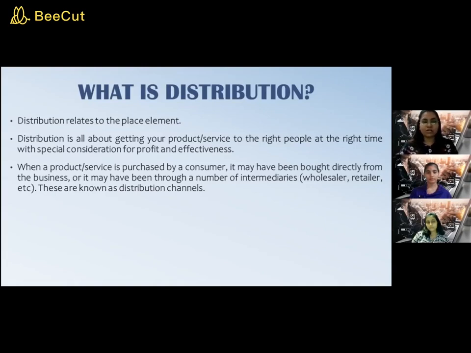When a product or service is purchased by a consumer, it may have been bought directly from the business, or it may have gone through a number of intermediaries, wholesaler, retailer, etc. These are known as distribution channels.